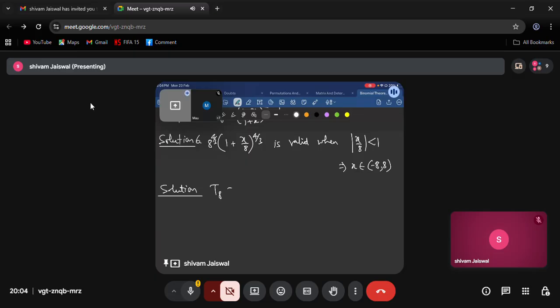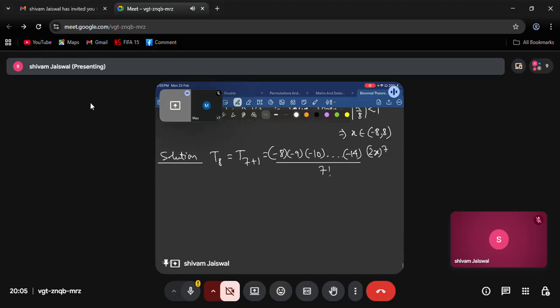T8 will be equal to T7+1. This will be equal to (-8)(-9)(-10) up to (-14), multiplied by (2x)^7 divided by 7 factorial.